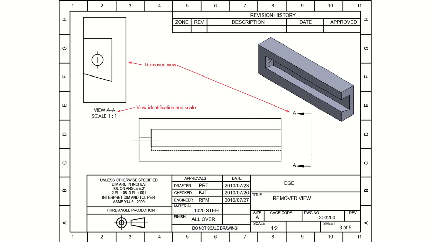So here we are. This is a removed view because your part is pretty big, so we're gonna just remove this part out of your regular original part. Of course, you have to scale it down. We're drawing 1:1 ratio, and we'll remove it at this right cut section right there, which is AA.